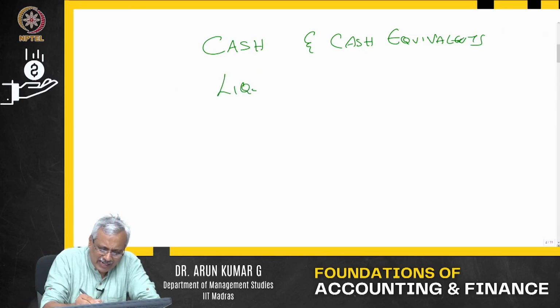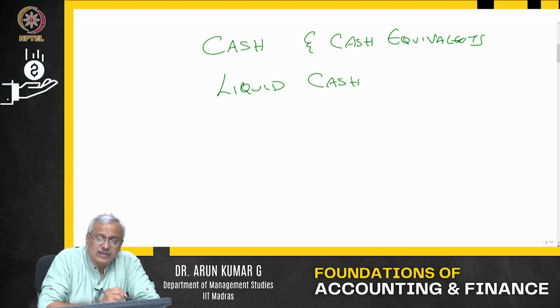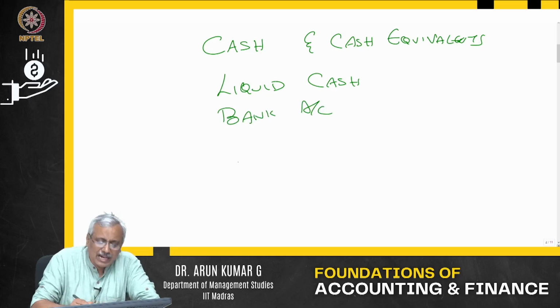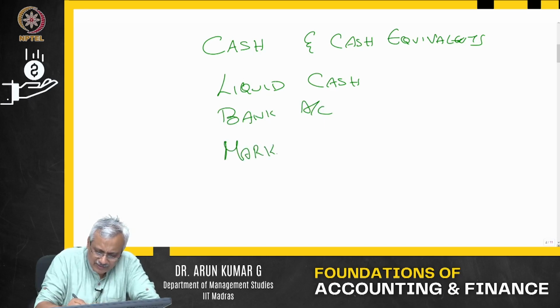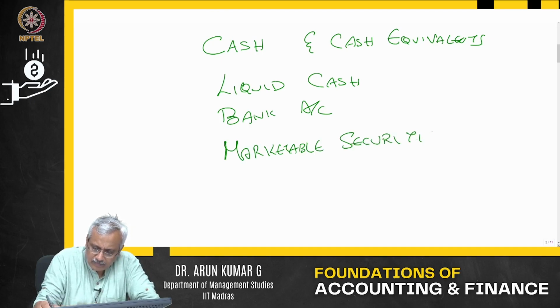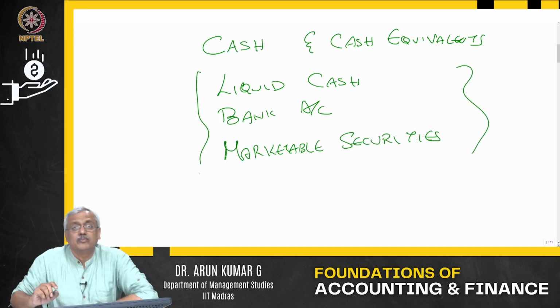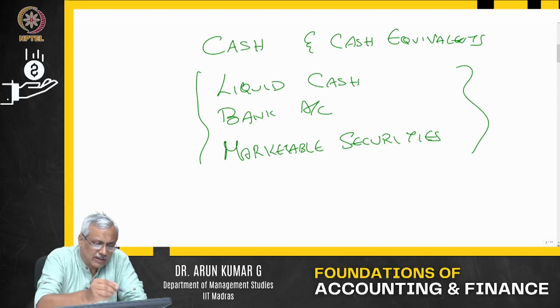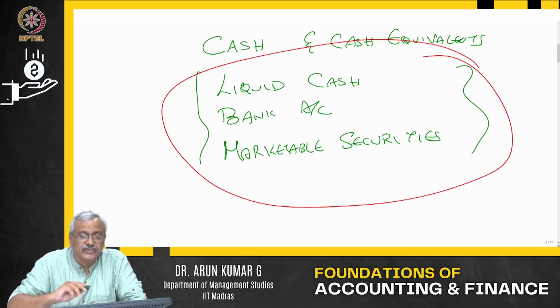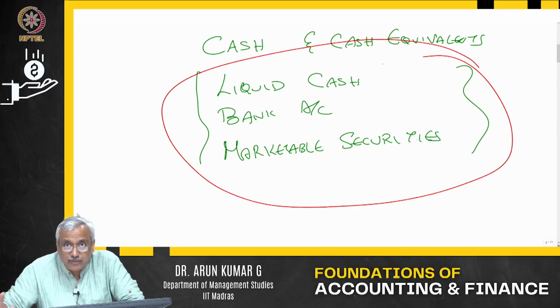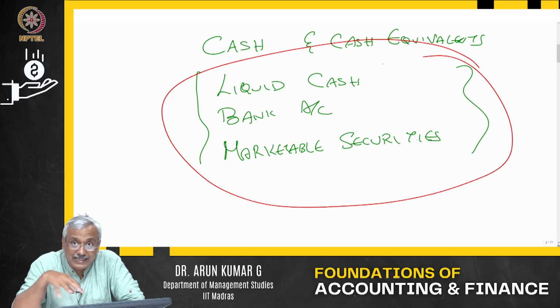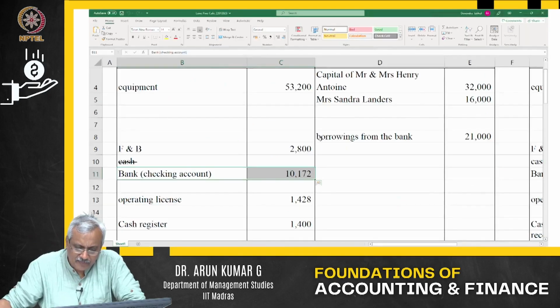It might be liquid cash, it might be money in the bank account, it might be marketable securities. All these three put together are typically what we call cash and cash equivalents. So when we say cash flow, we are taking all these three together. Please note. Now let me go back to my Excel sheet.